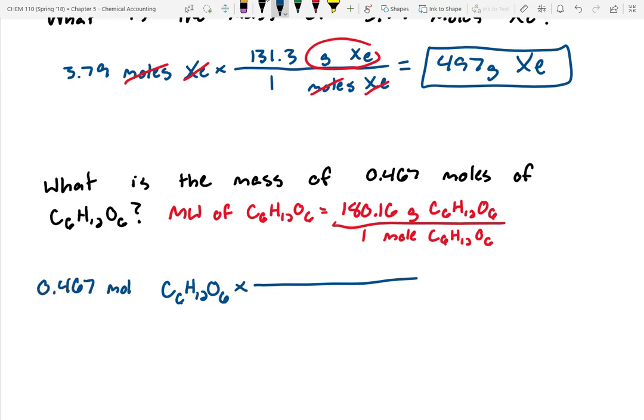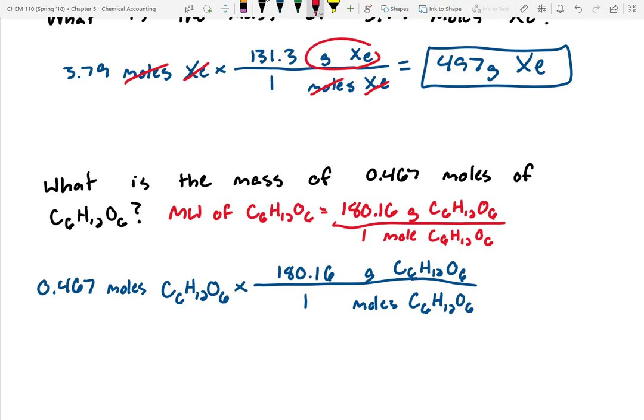That means moles of glucose should be on the bottom, and grams of glucose should be on the top. And we know that the 180.16 should go with the grams. We saw that from our unit conversion.